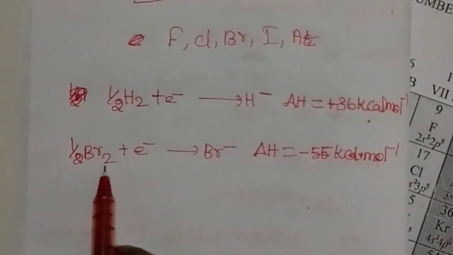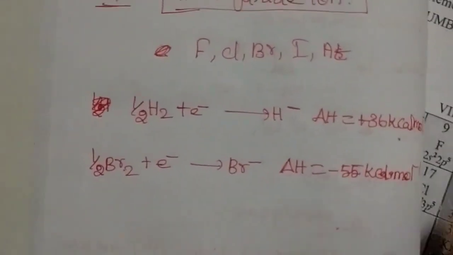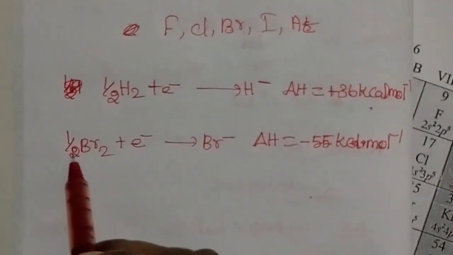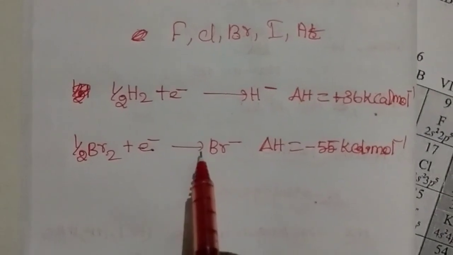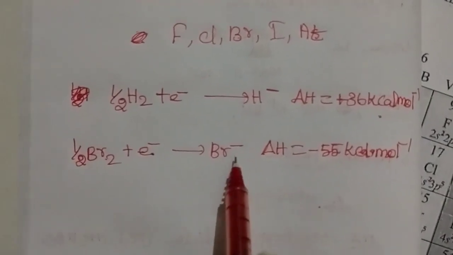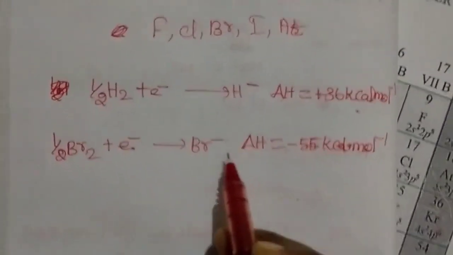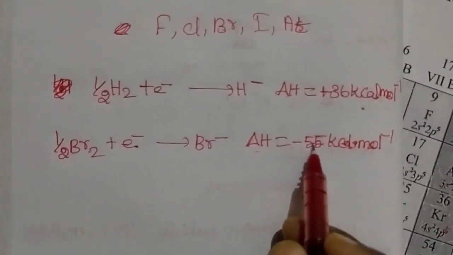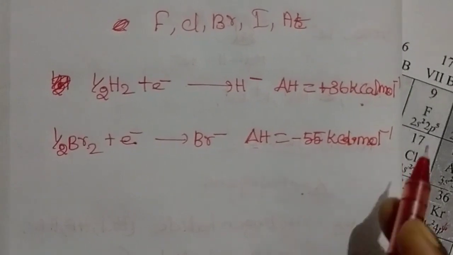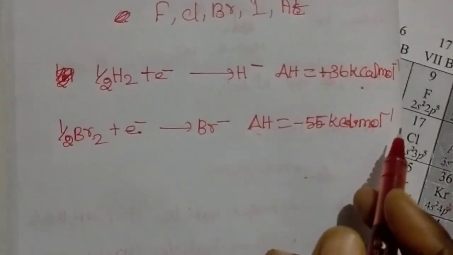For producing the bromide ion, half Br2 accepts one electron and produces Br minus. The energy of this reaction is delta H equal to minus 55 kilocalories per mole.